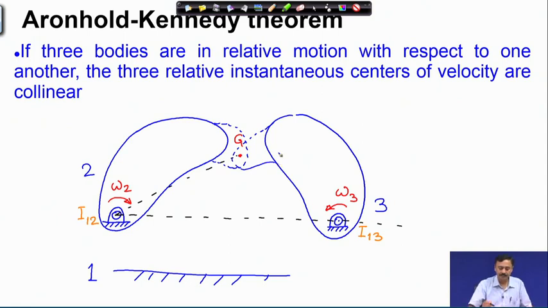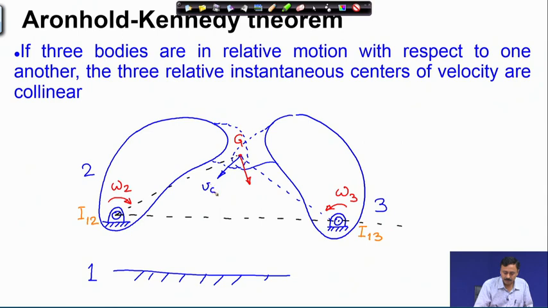So, the velocity of point G 2, if I mark it with red, must be perpendicular to the line joining I 1 2 and G. Similarly, the velocity of point G 3 must be perpendicular to this line.